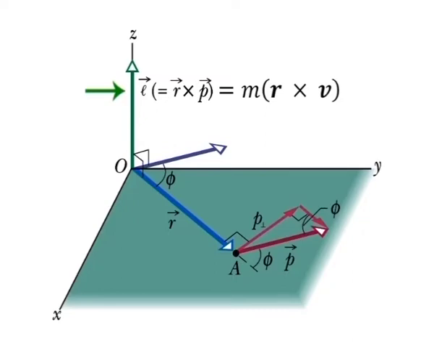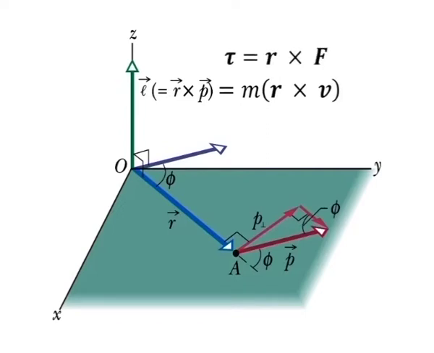Here r is the position vector of the particle with respect to O. As the particle moves relative to O in the direction of its momentum, position vector r rotates around O. Note carefully that to have angular momentum about O, the particle does not itself have to rotate around O.